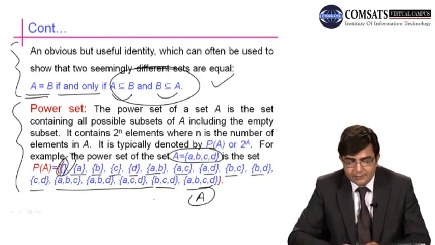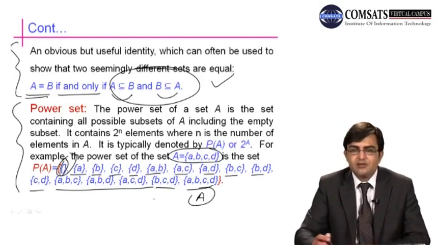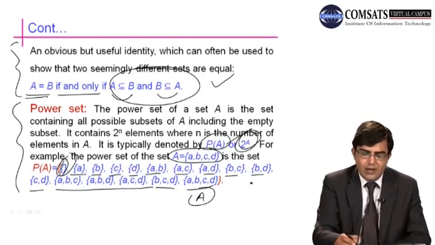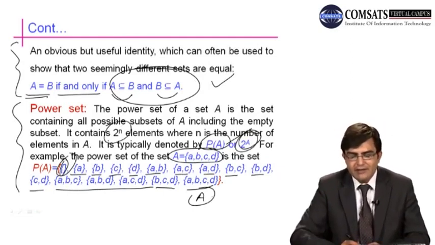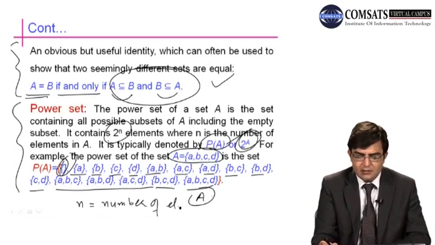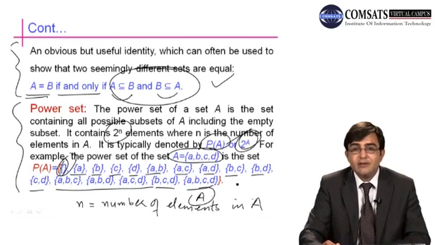Now how many elements are there in the power set? The power set, denoted by P of A or 2 power A, contains 2 power n elements, where n is the number of elements in A. Here in this case, what is the number of elements in the power set of A, where A is A, B, C, D?